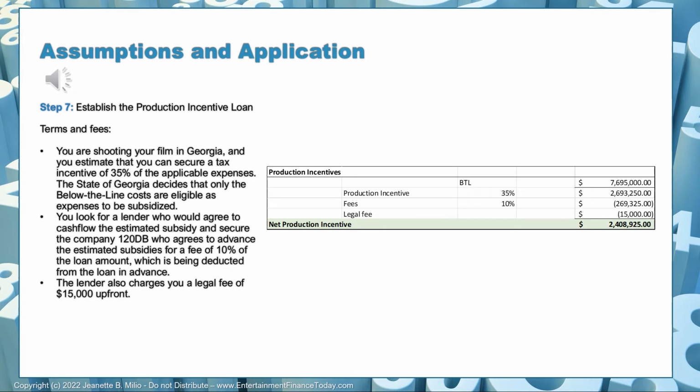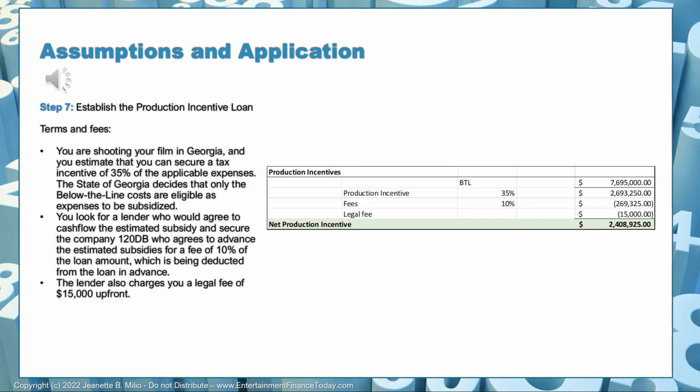In order to get this from a lender, which we would like to do because we would like to get the money in advance and not produce a movie first to then get the incentive paid to us by Georgia, we need to do a deal with the lender. That lender charges us a 10% fee. The lender is 120 dB, and they charge us a legal fee of $15,000.